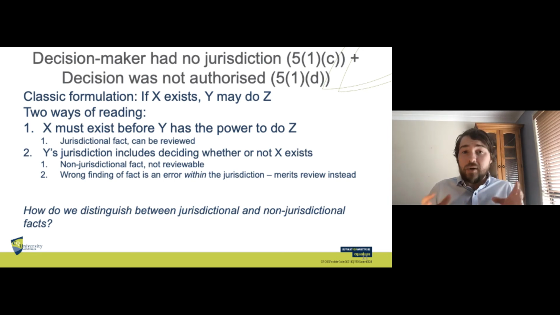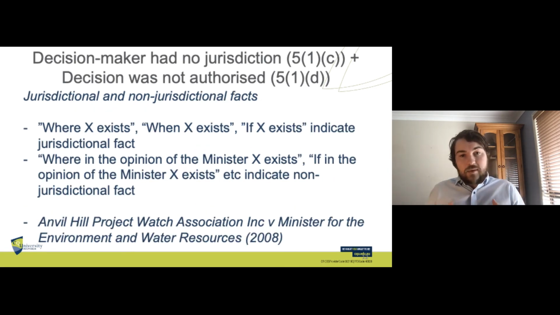So the burning question then is, how do we distinguish between jurisdictional and non-jurisdictional facts? How do we know that a particular power gives the decision maker the power to decide whether X exists or not? And the way that we distinguish between the two is to look at the legislation itself.